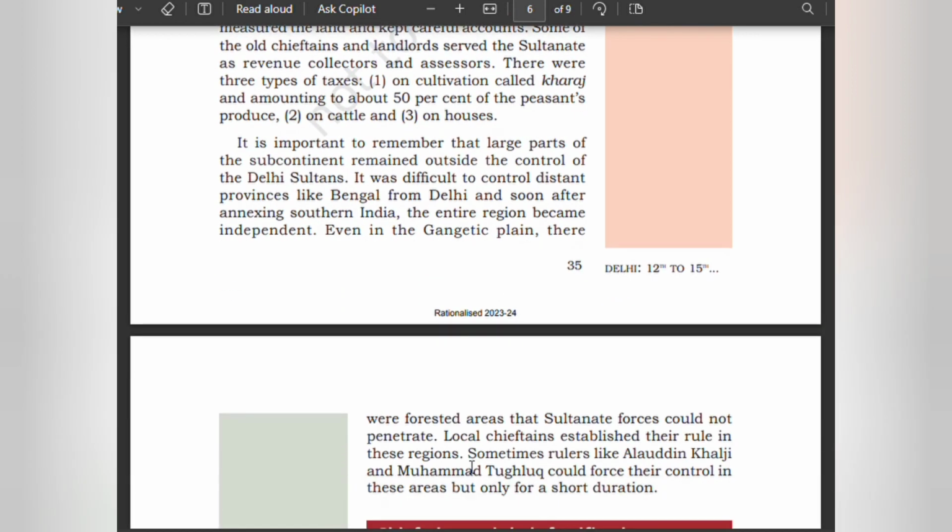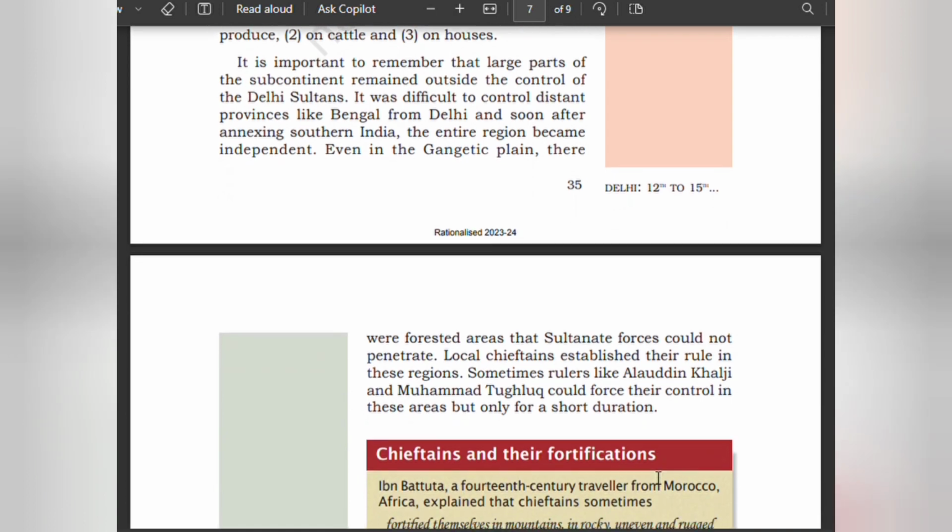Even in the Gangetic Plain, there were forested areas that Sultanate forces could not penetrate. Local chieftains established their rule in these regions. Sometimes rulers like Alauddin Khalji and Muhammad Tughlaq could force their control in these areas, but only for a short duration.